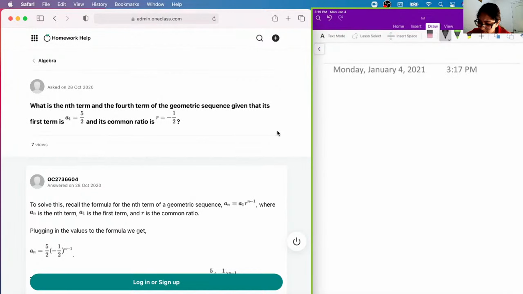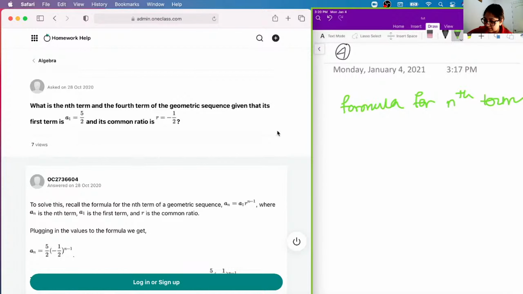And so to first solve this, we recall the formula for the nth term of a geometric sequence.